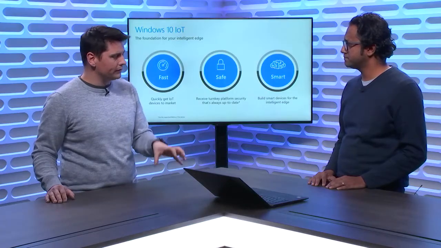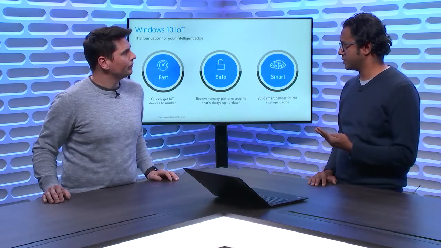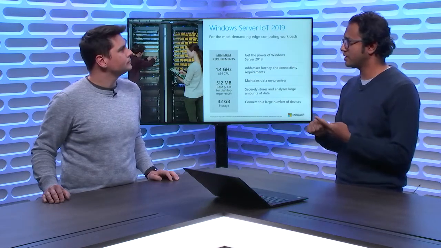Can you tell us about an example of this kind of scenario? Absolutely. With Windows Server IoT, it's massive compute and massive data. Think of a city wanting to use cloud models to train their traffic cameras to spot traffic violations.